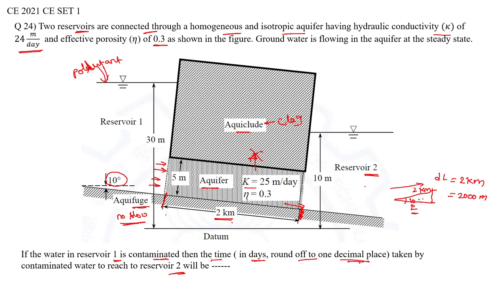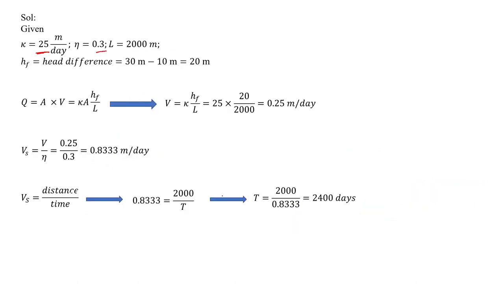So K is given, eta is given, L is given. This is 5 meter, and the perpendicular distance can be assumed as 1 meter, but in this case it is not necessary. When we calculate the discharge, we may require the cross-sectional area details, but our aim is to calculate the time, so we'll deal with the velocities only.